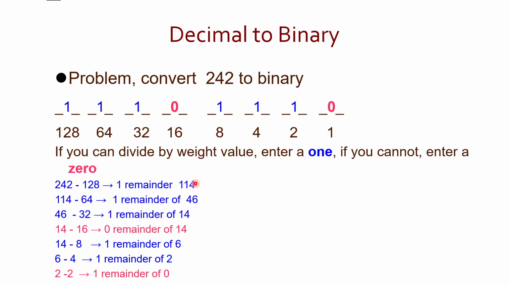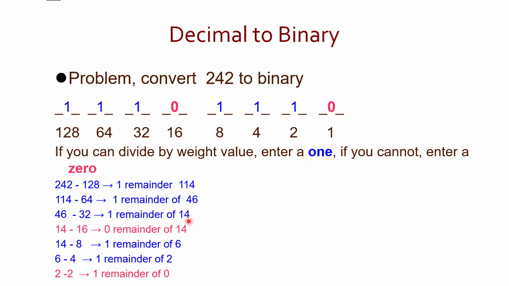So then I look and say, okay, well, I've already used the 128, so the next one we're going to look at is 64. So we have 114 left. We're going to subtract 64. If that gives us a positive value, we're going to put a 1 there. Okay. And then we've got 46 left. We look at the next number, 32. So 46 minus 32, again, yes, that gives me a positive number, so I get a 1 here. And I have 14 left.